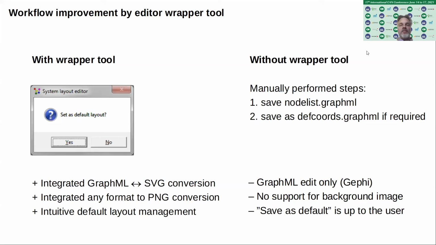But without such a tool, everything should be taken care of manually. First, save changes to the node list GraphML, and then to be able to use default coordinates, save the same information into another dedicated file.